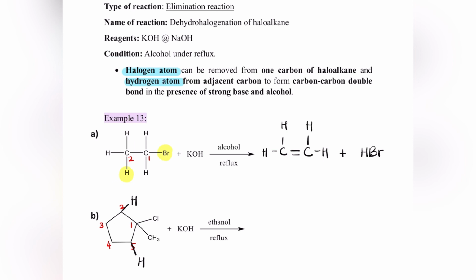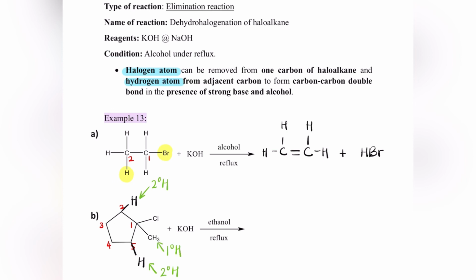If you take a look here, the class of hydrogen at carbon 2 and carbon 5 is the same, which is secondary hydrogen. So if you take whichever side you want, it will form the same product. But if you take the hydrogen from this methyl, the hydrogen attached to this carbon is primary hydrogen.